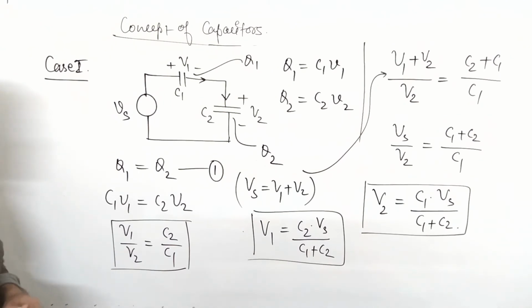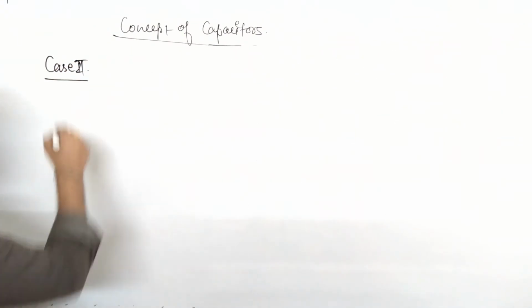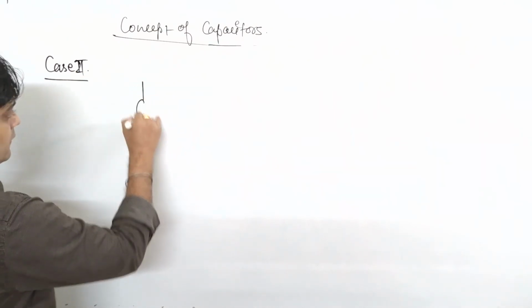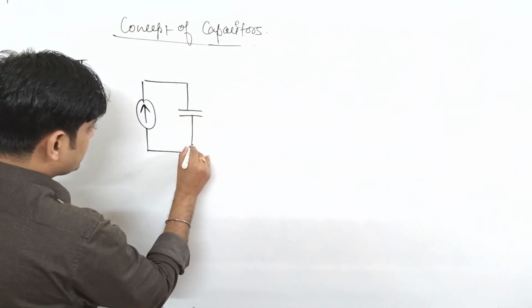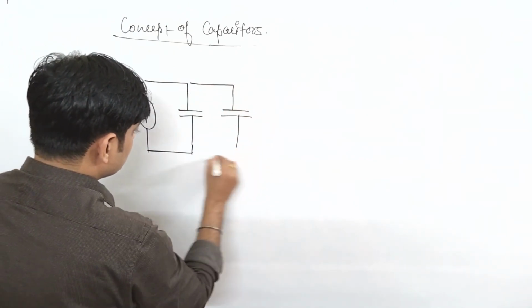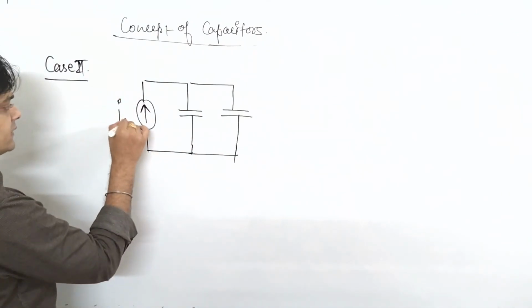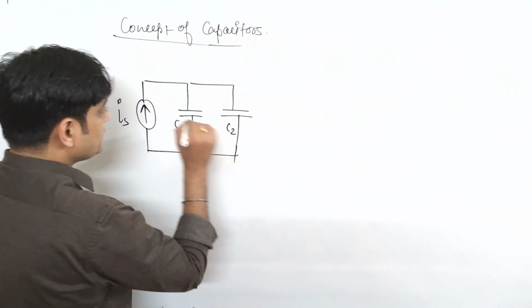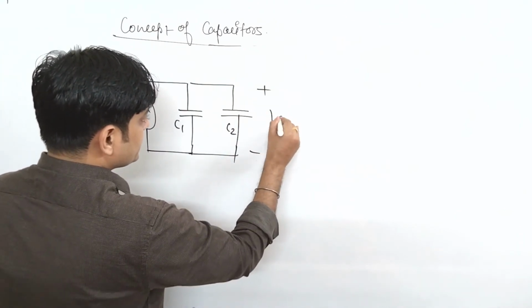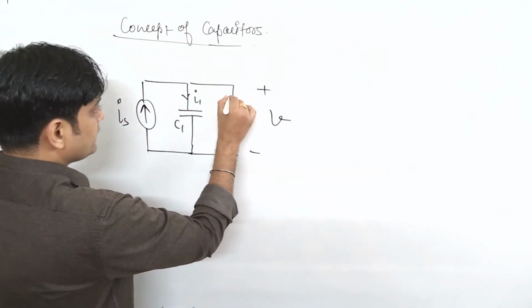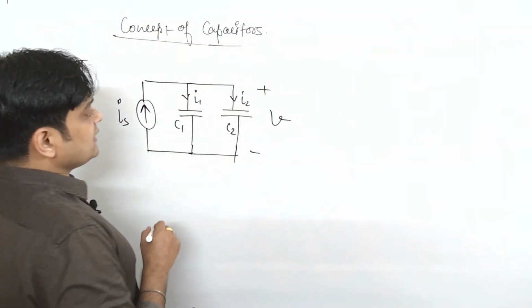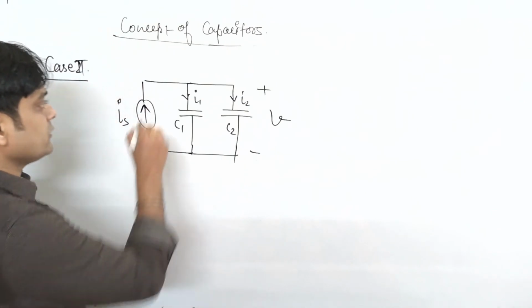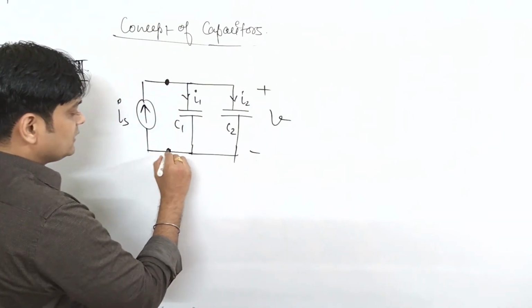Now similarly we will see case 2, when a current source is present. This is Is, this is C1, this is C2. The voltage here is V, this is I1 and this is I2. The voltage appearing across this combination is V. Why?